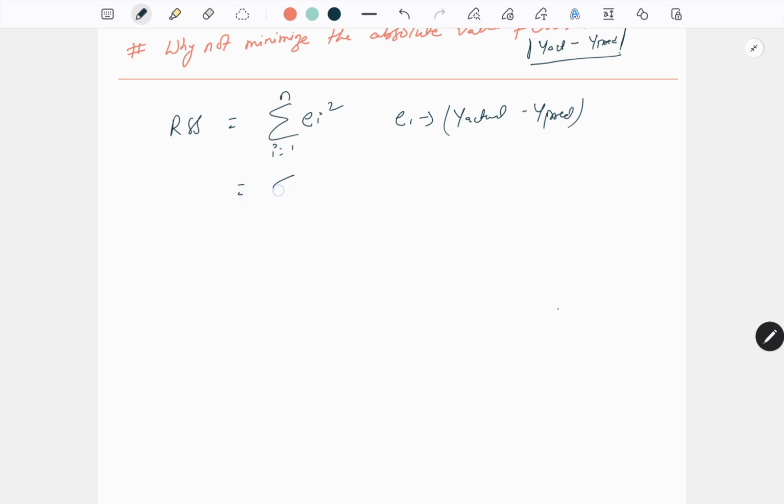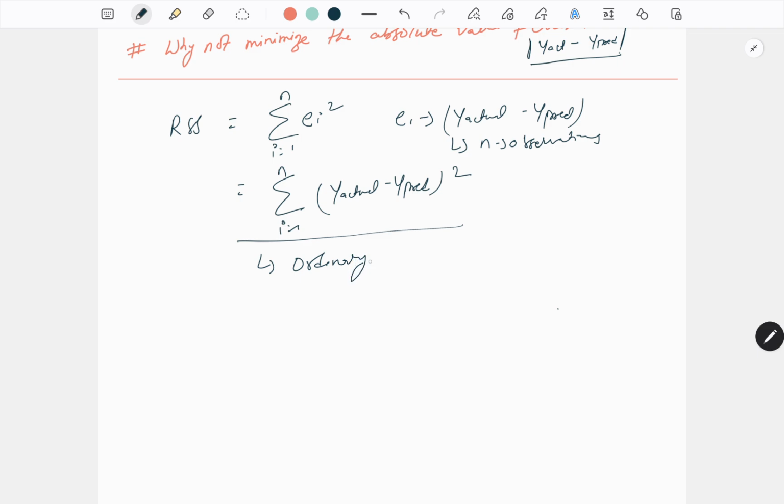Here n is the number of observations that you are given. This expression is also known as the ordinary least squares function, or in short the OLS function.